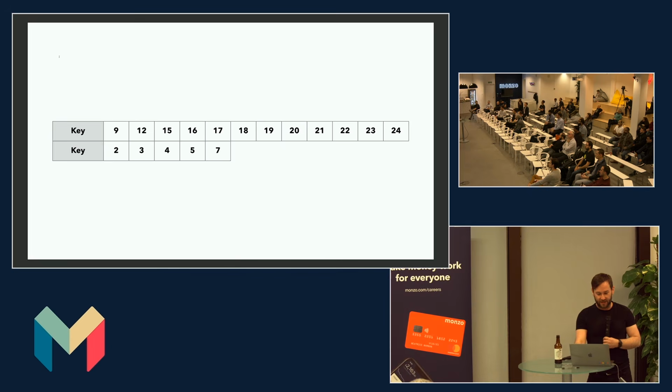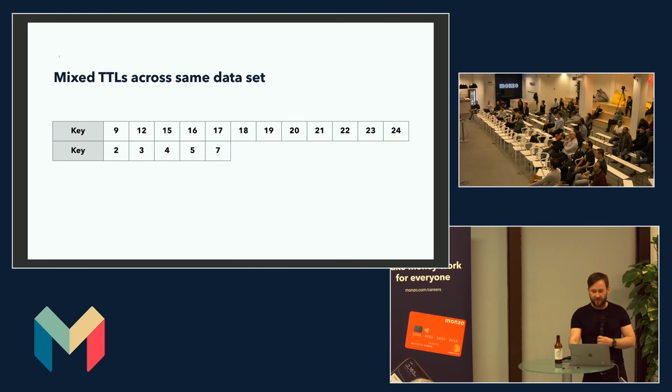So if you imagine we have a set of columns where we've mixed the TTLs across these. Some are going to expire in a couple of minutes, some in a few hours, and some in days or maybe even weeks. The one place that we originally used this was one of our logging systems. We have a log aggregation system that stores the data in Cassandra.